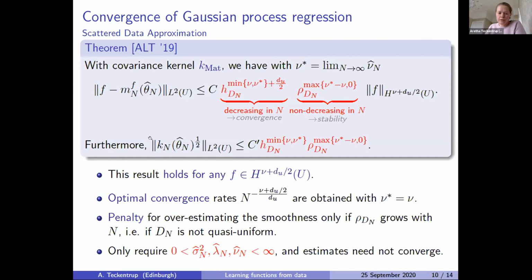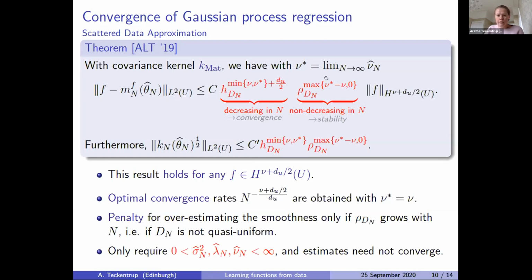And for the variance, you can show that it goes to 0, again with a rate in N that will come from these terms. This result holds for any function F that has this smoothness here. So I'm assuming F here is in this Sobolev space of smoothness nu plus d over 2.